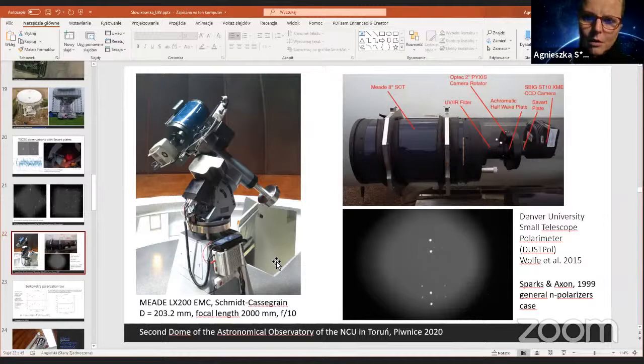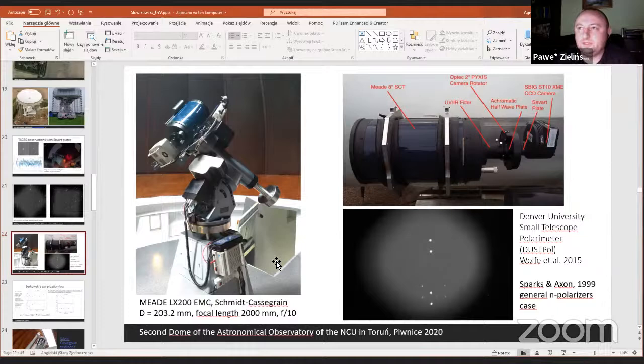Yeah, that's right. This will be really helpful from the practical point of view, because then you can observe many different targets, not only blazars, AGNs, and really highly polarized objects, but also some weakly polarized or low polarized ones.